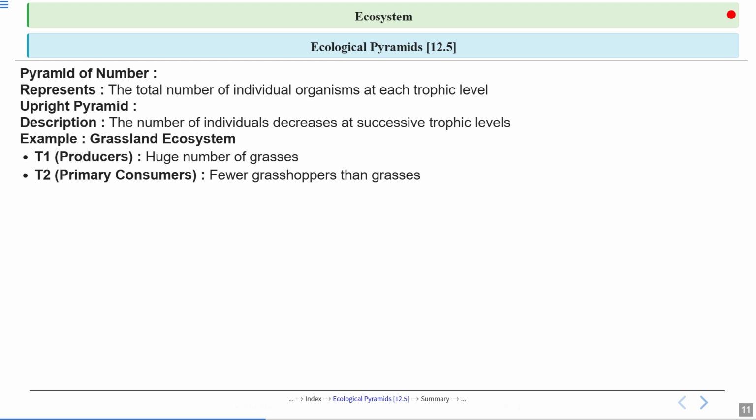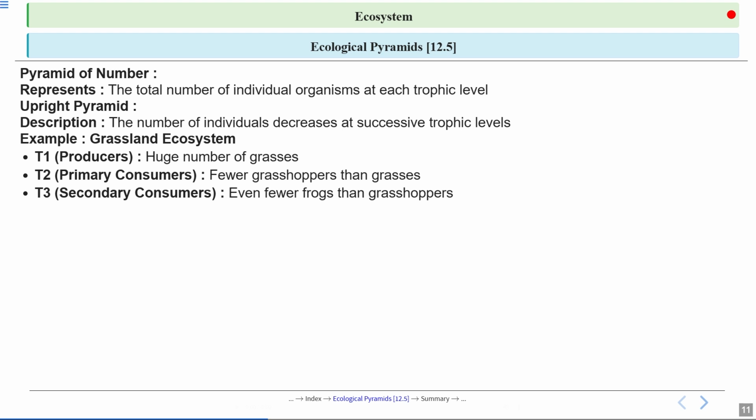Then the second trophic level is occupied by the primary consumers, okay, such as grasshoppers. Now you can see the number of grasshoppers is less as compared to grasses. And then you have the third trophic level, which is occupied by the secondary consumers.